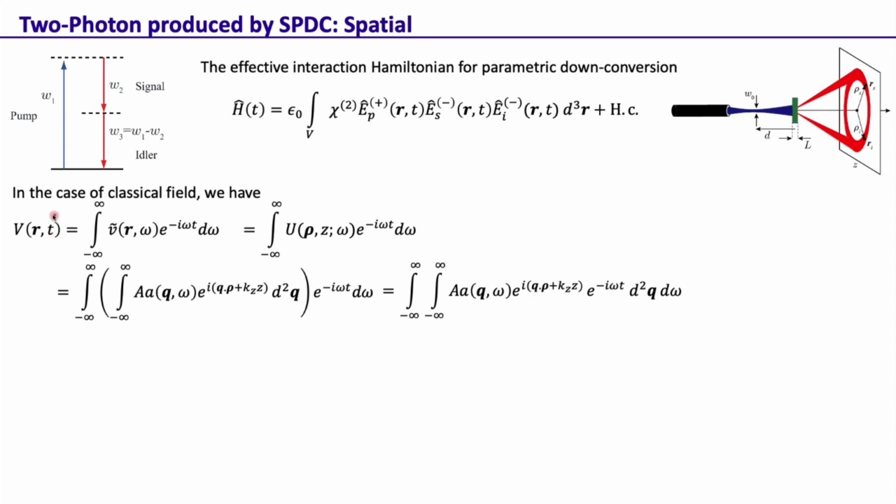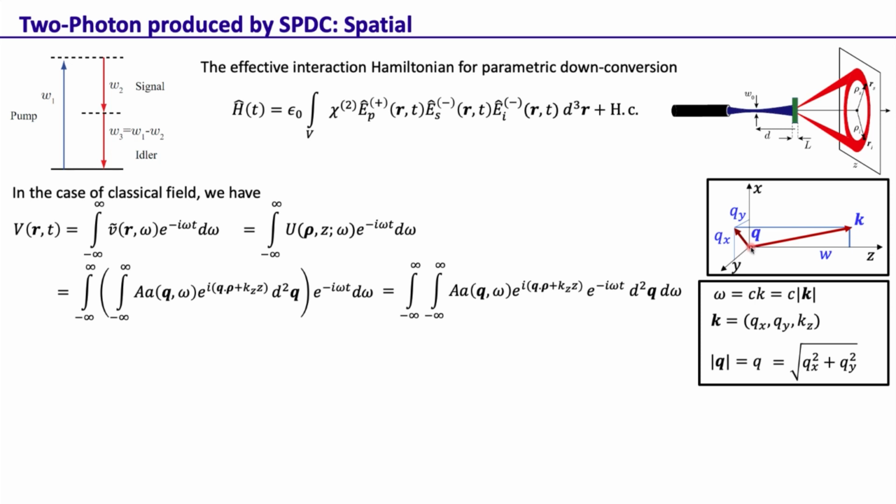This is how we expand a classical field. Just to remind, these are the different terms: K is the wave vector, q is the two-dimensional spatial frequency (q_x, q_y), and the frequency is basically c times the modulus of the wave vector, and so on.